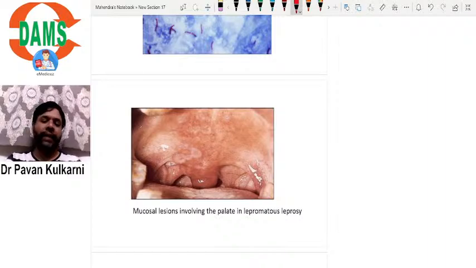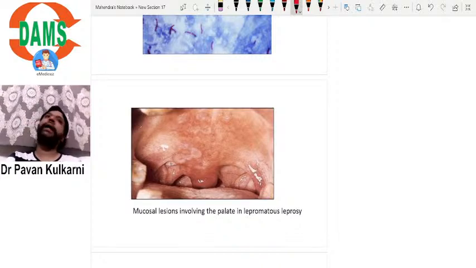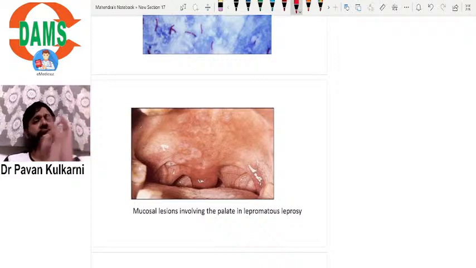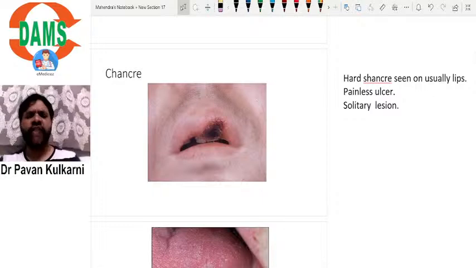So in lepromatous leprosy patients you are going to see these mucosal lesions. Usually a single-liner MCQ comes: most common site for oral lesions in leprosy is, answer is palate.